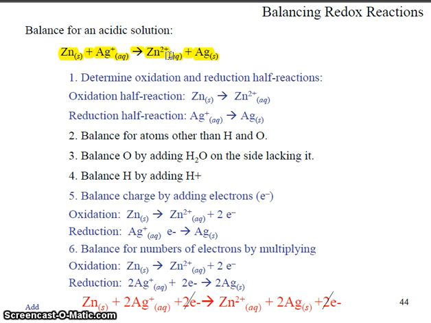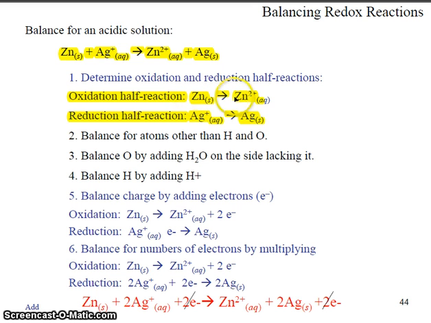So first things first, you will split this redox reaction into the oxidation half reaction and the reduction half reaction. So Zn is giving you Zn2+, that must be the oxidation half reaction. On the other hand, silver Ag+ is gaining an electron to become silver metal, and so that must be the reduction half reaction.